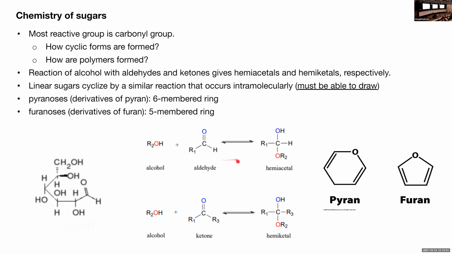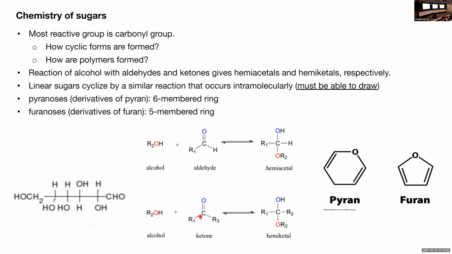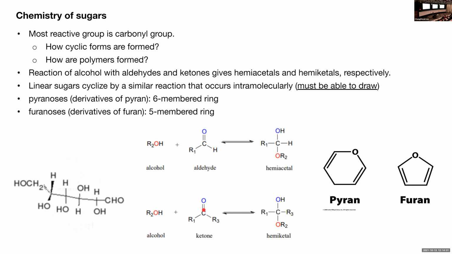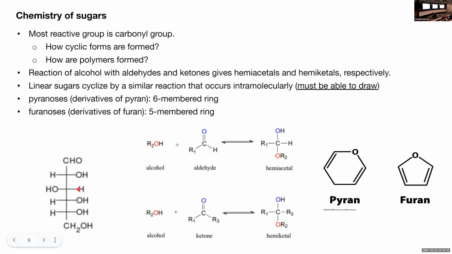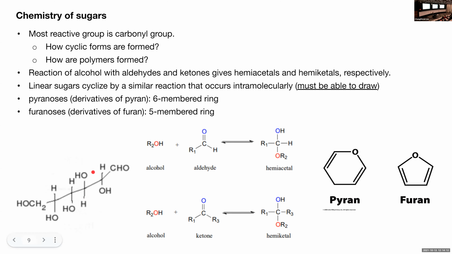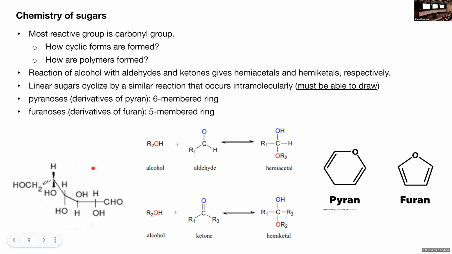This aldehyde can react with alcohol to form a hemiacetal. Ketones, which we can see in ketoses, can react with alcohol to form a hemiketal. These are the structures, and this is the formation, or cyclization, of the sugar from the linear form.